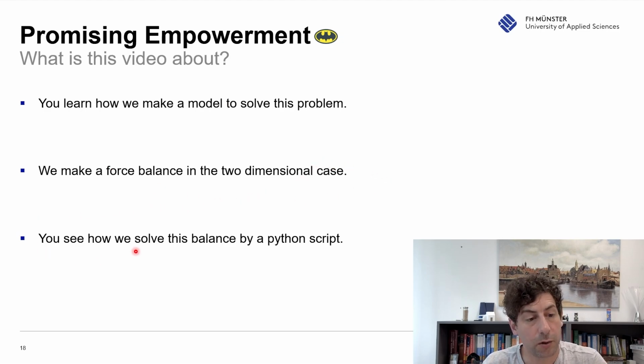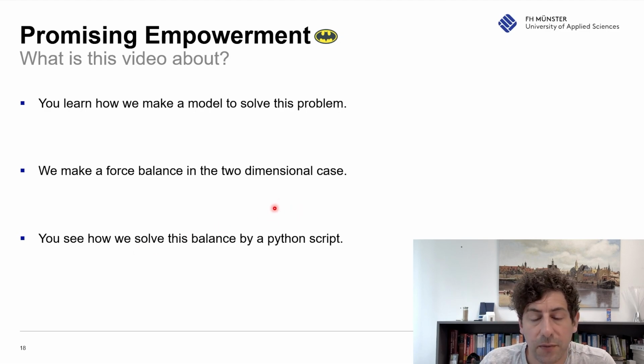And you saw, hopefully, how we solved this balance by a Python script, and the solution I showed you in this video is a little bit different from the solution for the trajectory of the droplet. In the previous video we discussed a droplet and how far the droplet falls, which at the end is the same question because it's a sphere moving in two dimensions, but there are different assumptions which make them a little bit different in the details of the model, because the droplet doesn't have a lift force.